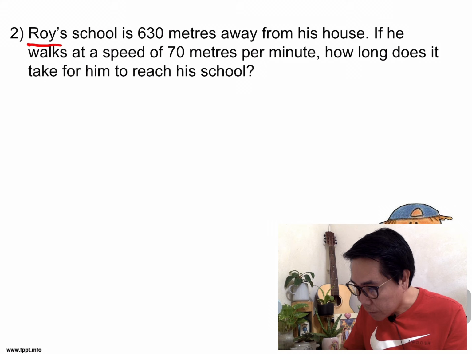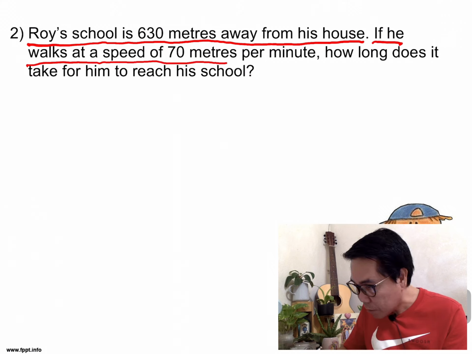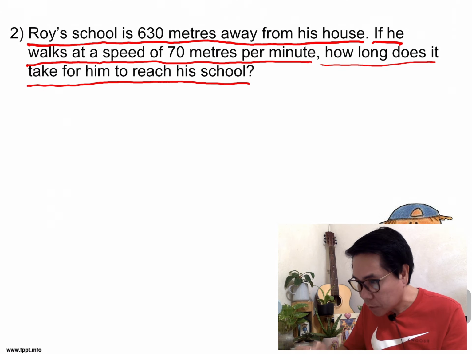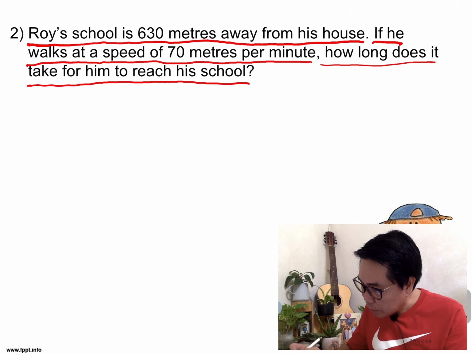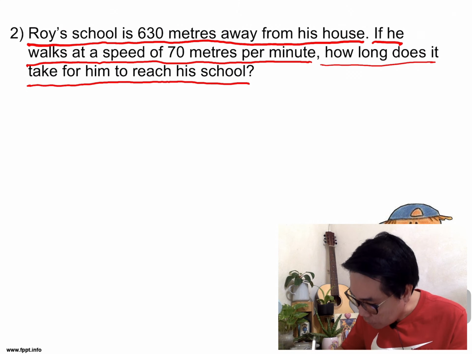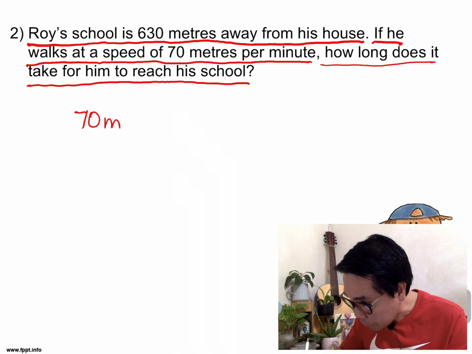Roy's school is 630 meters away from his house. If he walks at a speed of 70 meters per minute, how long does it take for him to reach his school? It's given here that 70 meters per minute, so 70 meters for 1 minute.